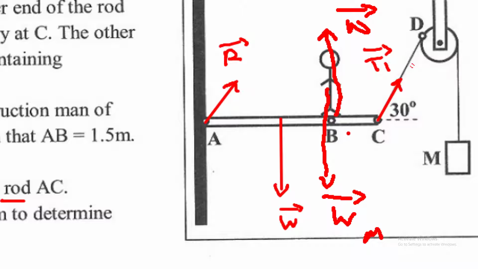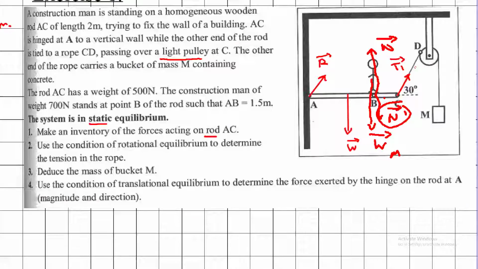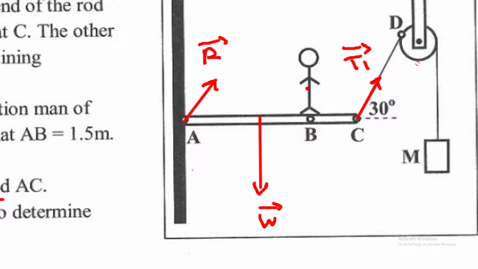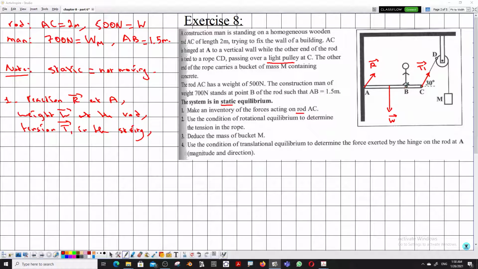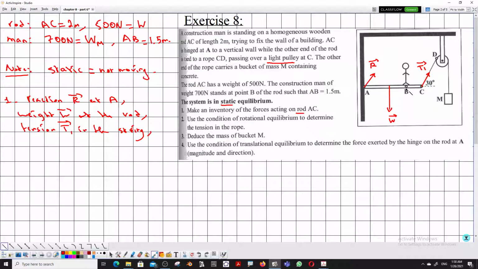Now, according to the principle of interaction, as the rod exerts a force on the man, there will be another force exerted by the man on the rod, which also represents the normal reaction N prime, like this. This force N prime is actually causing a moment on the rod, and not the weight. This force is a contact force, due to the contact between the man and the rod, and it must be represented like this.